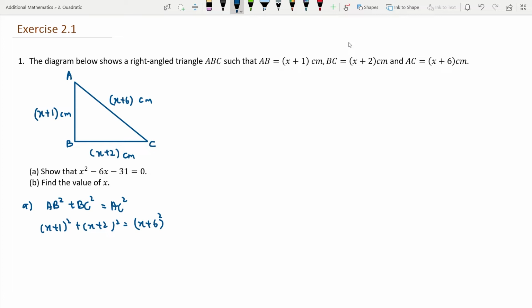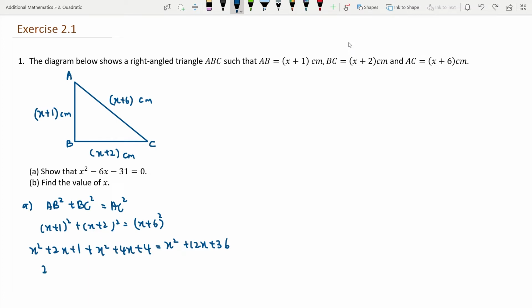Then we expand the bracket. We get x squared plus 2x plus 1 plus x squared plus 4x plus 4 is equal to x squared plus 12x plus 36. Then we simplify the equation and let it be 0.